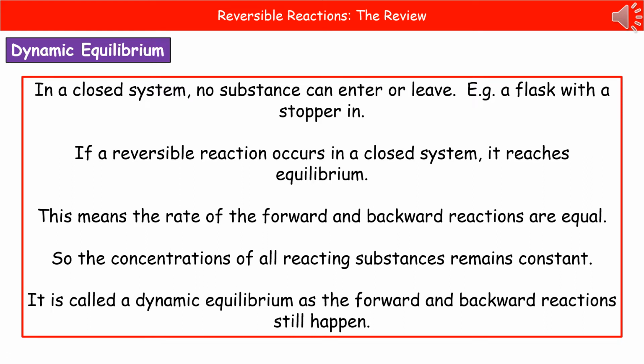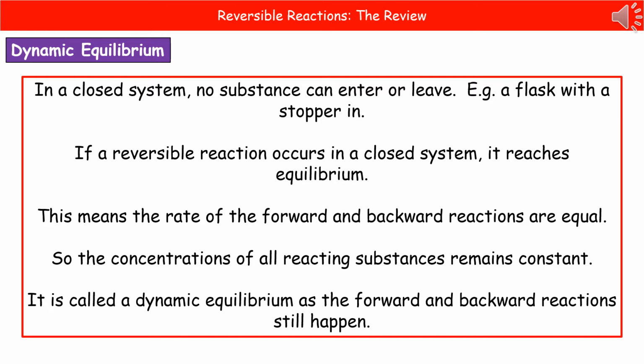If we've got something called a closed system, then this is one in which a substance can neither enter nor leave. So this would be something like a conical flask with a stopper in the top. So nothing can enter, nothing can leave it. And if we've got a reversible reaction occurring within one of these closed systems, then it's going to reach an equilibrium.